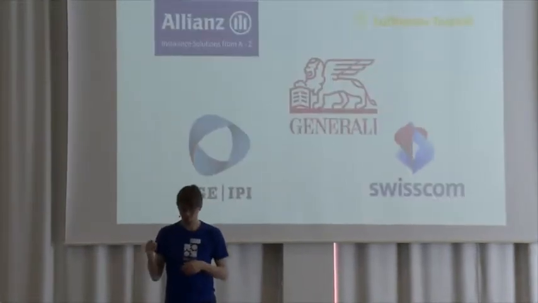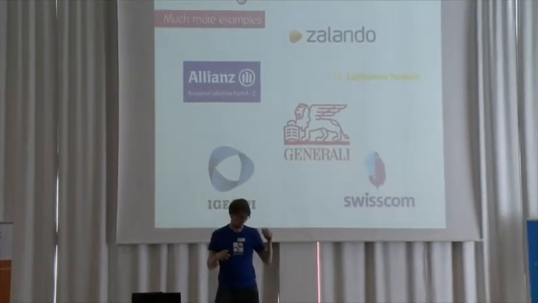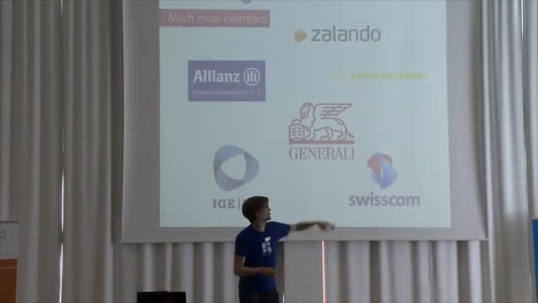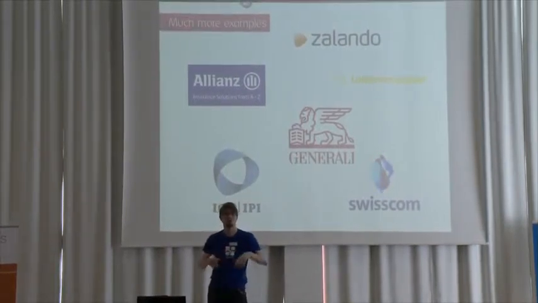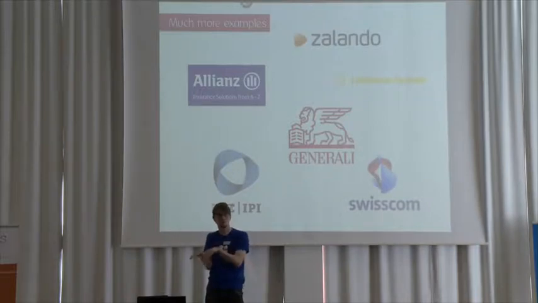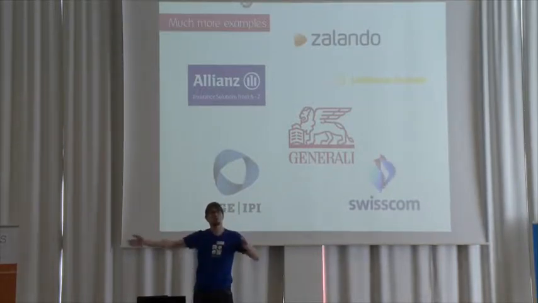If you look at the customers we have, there are quite a lot of them. You can look it up on the internet, but these are typical processes they do. For Zalando, it's order processing: if you go to Zalando.com and order shoes or clothes, in the background a Camunda process instance is started.